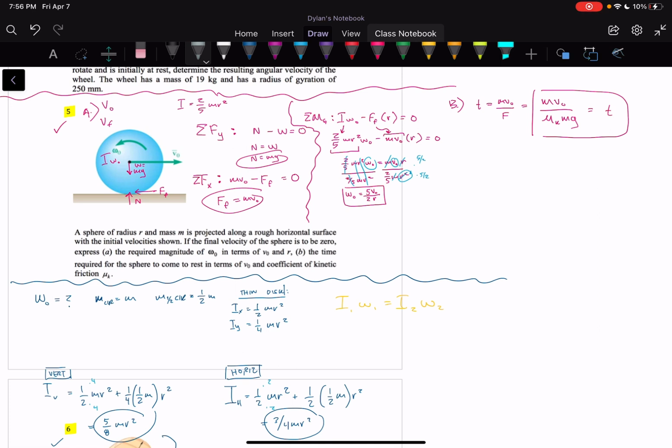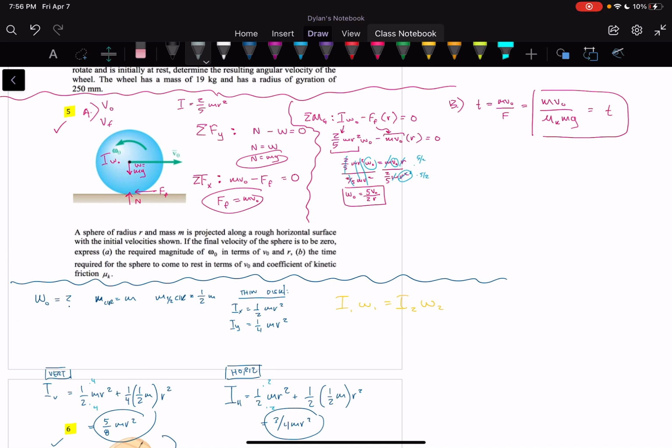And so in order to find that, we needed to find our total forces and then do our sum of our moments about the middle point, G. And that was able to give us our omega. And it didn't give us any values, so it just wanted it in terms of variables.